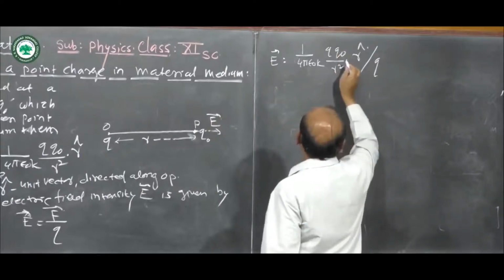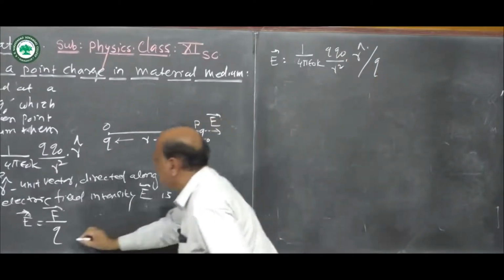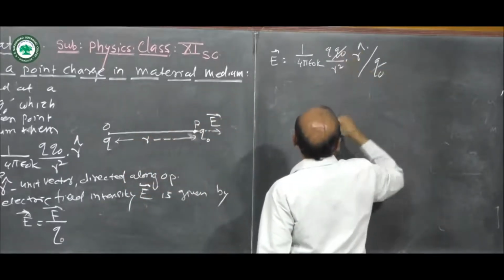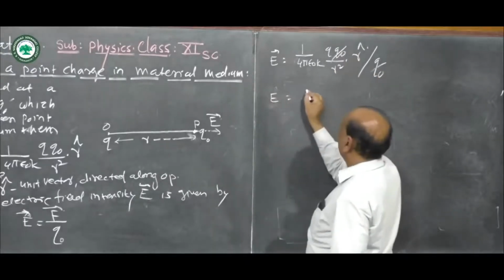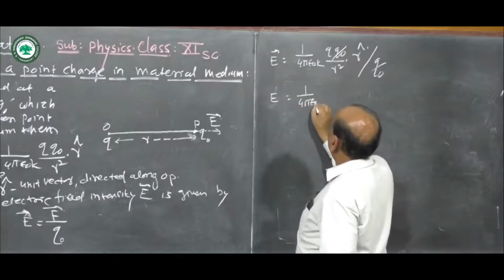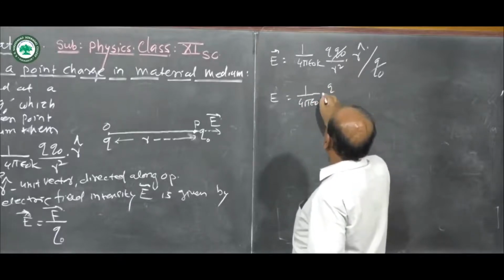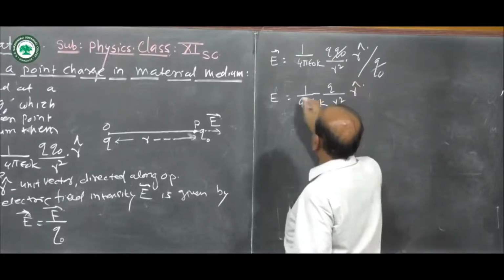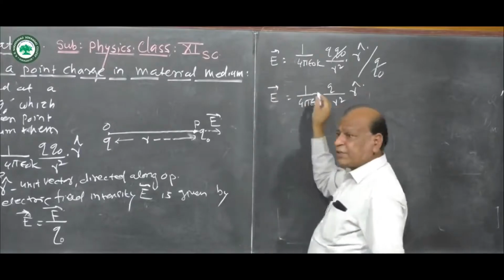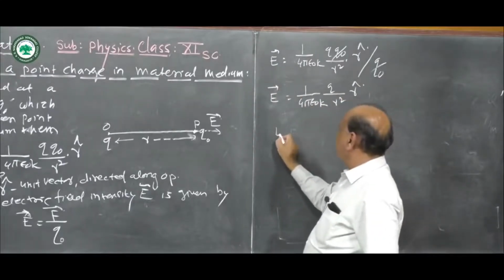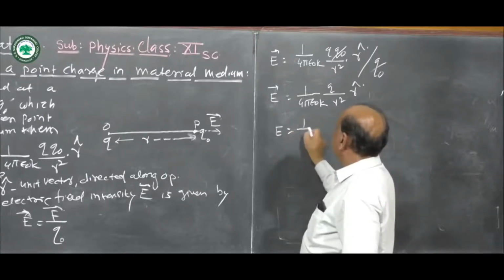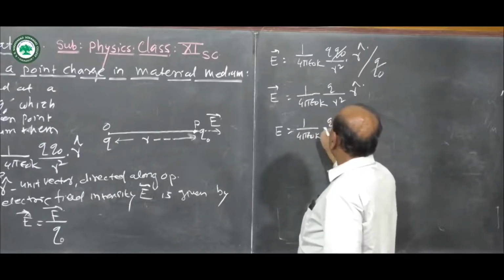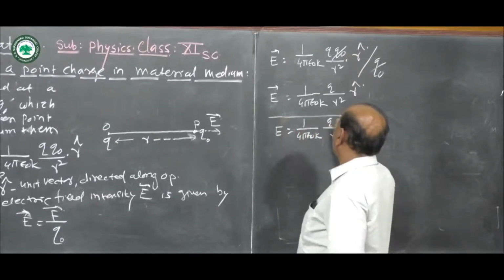Now this Q0 here, consider that test charge here, according to that one, that will be Q0. Now this Q0 gets cancelled. E is equal to 1/4 pi epsilon 0 K, that Q divided by R square into that unit vector. When we write it in vector form, then we write only the magnitude: E is equal to 1/4 pi epsilon 0 K, this Q divided by R square.